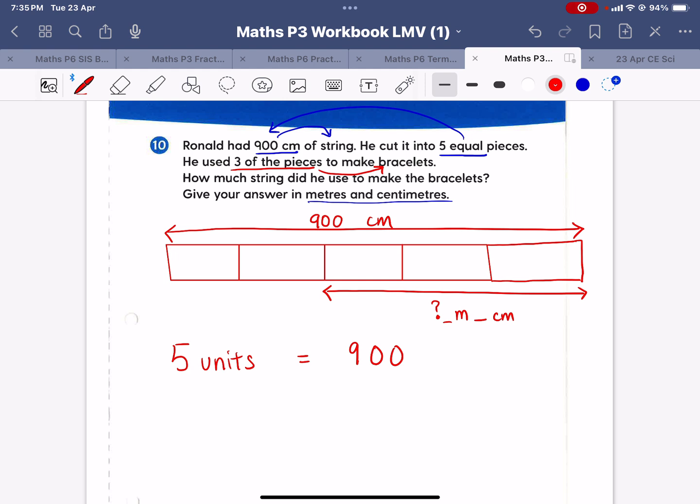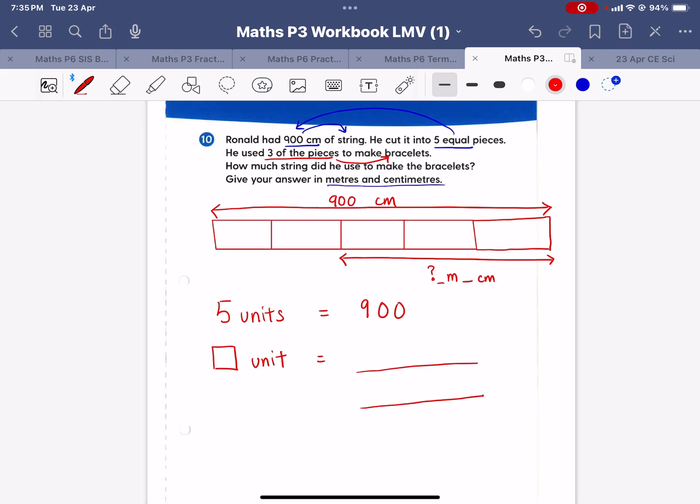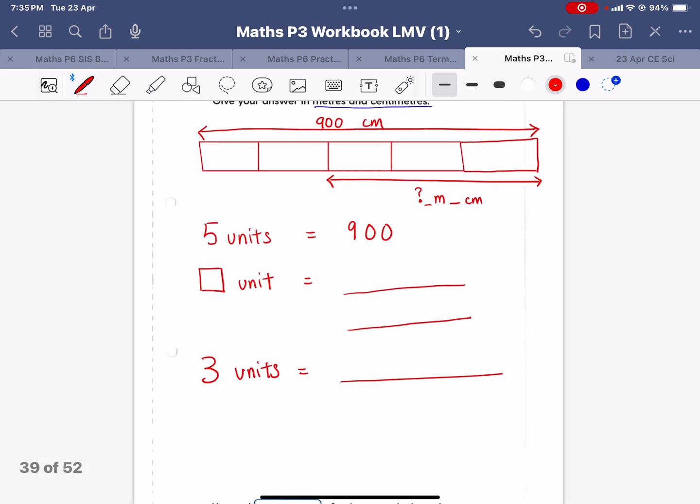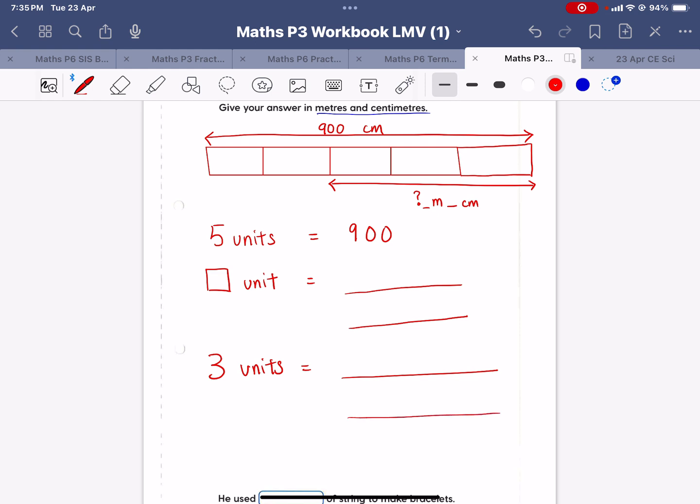Now, if you are good at the unitary method, do you know what is the next step you're going to do? I'll leave this as a box for you to fill in. And of course, our end goal is to find out how much these 3 units are, because that is what we're interested in. Now, bear in mind, whatever we have found here is probably only going to be in centimeters.